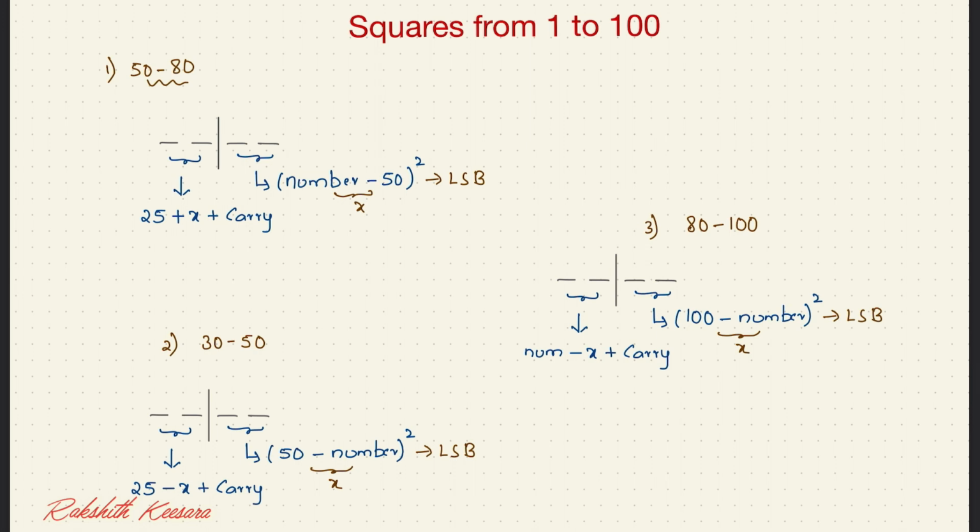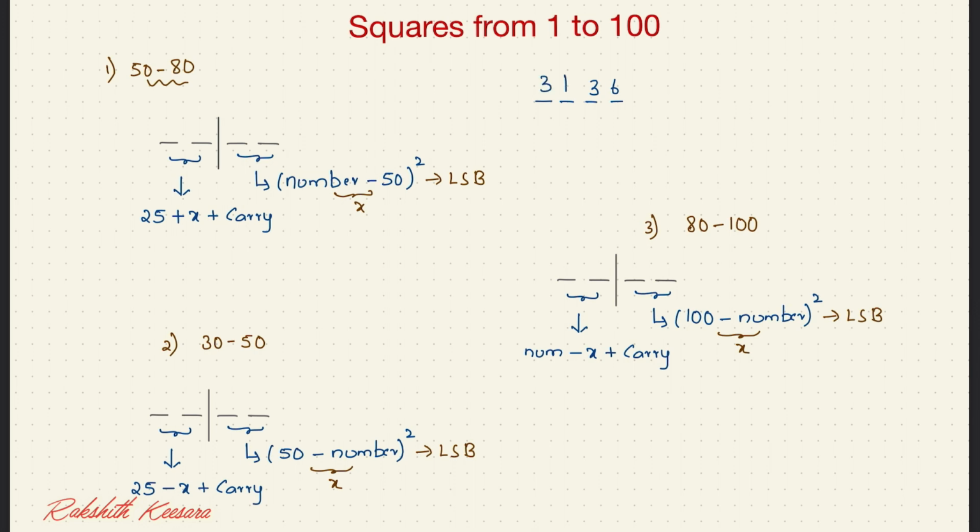So here let us take a number 56 square. 56 belongs to this range. So number minus 50, that is 6. 6 square is 36. And 25 plus 6 is 31. Done.